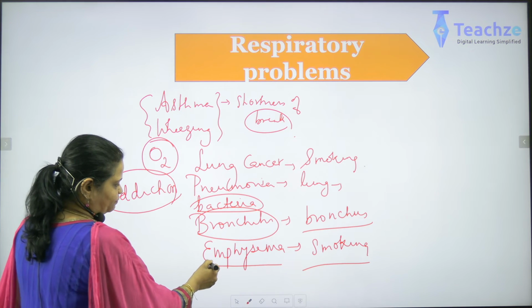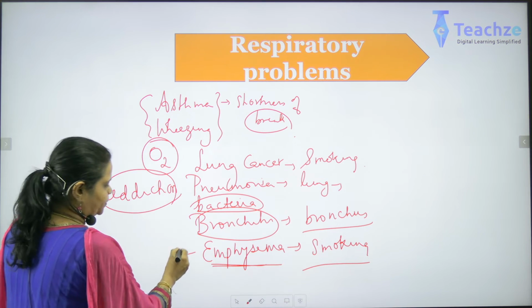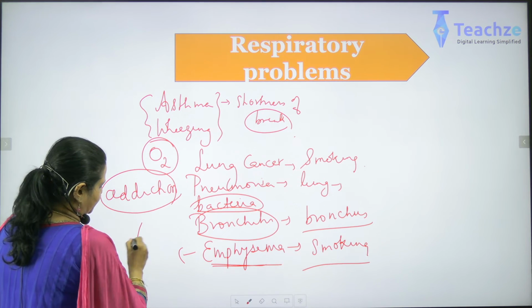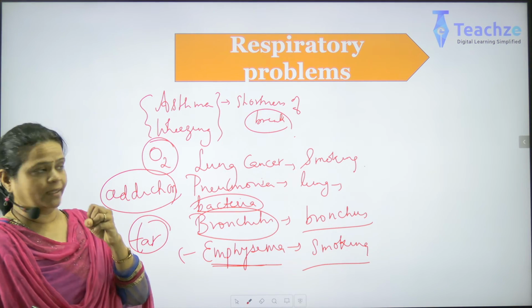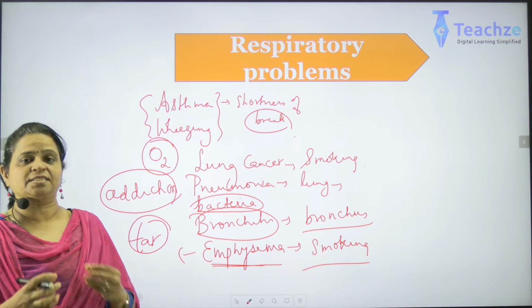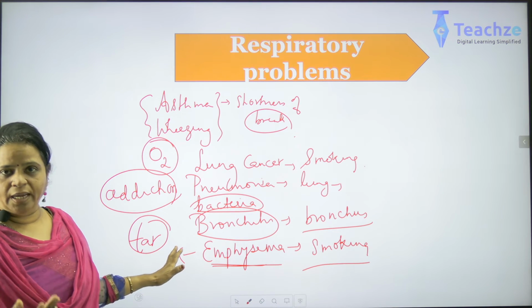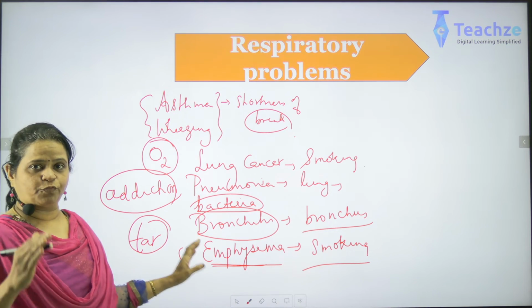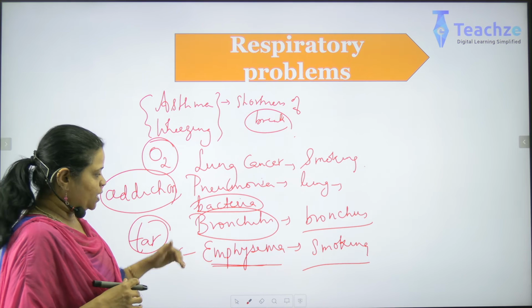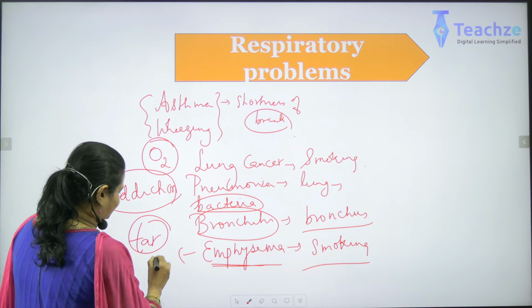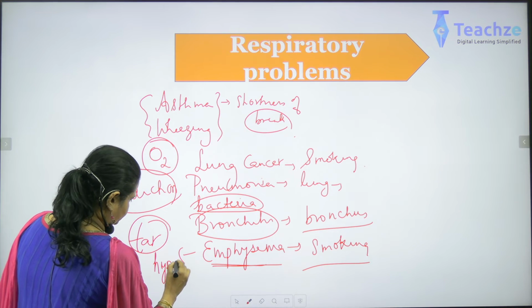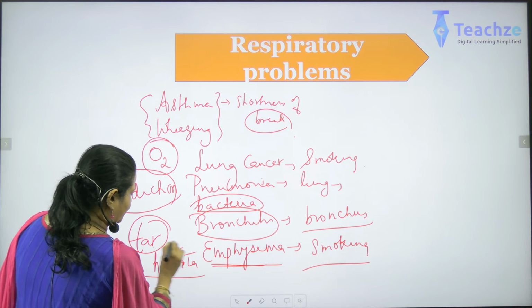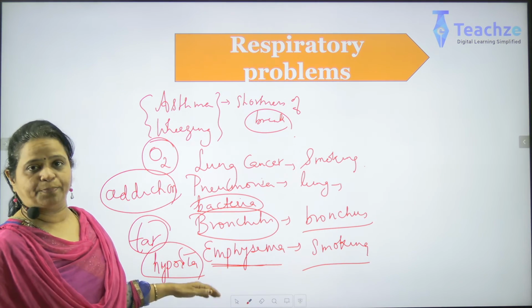Emphysema caused by smoking produces a substance called tar. This tar is dark in color and occupies the spaces inside the lungs. So there is no place for oxygen to come inside, and they end up having less oxygen, which is called hypoxia.